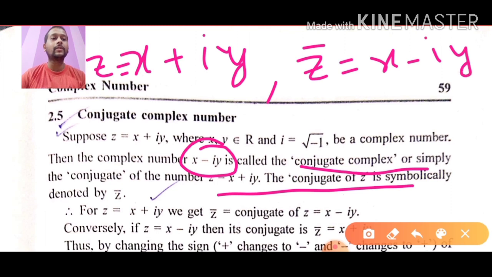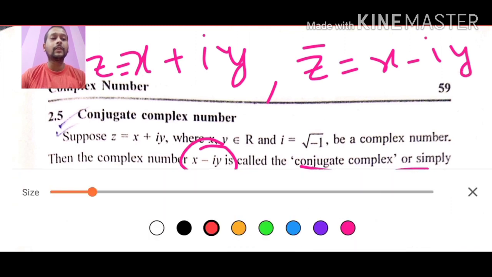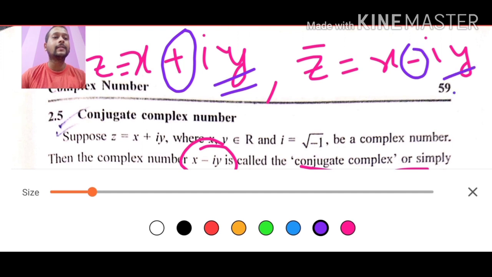Now what we are doing here is changing the sign in front of the imaginary part. Remember, not the entire complex number. If you change the sign of the entire complex number, it will become the additive inverse, but it is not the additive inverse, it is the conjugate.